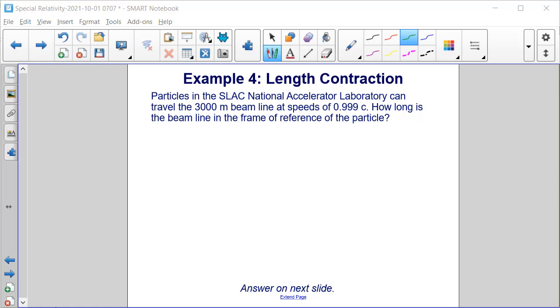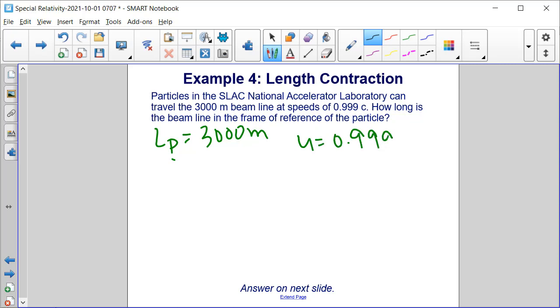Okay, here's example 4, looking at length contraction. Particles in the SLAC National Accelerator Laboratory can travel the 300-meter beam line. So that is the length. The proper length measured of the beam is 3,000 meters. At speeds of, so u is 0.999 c.